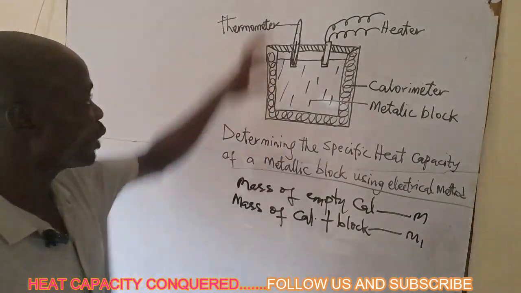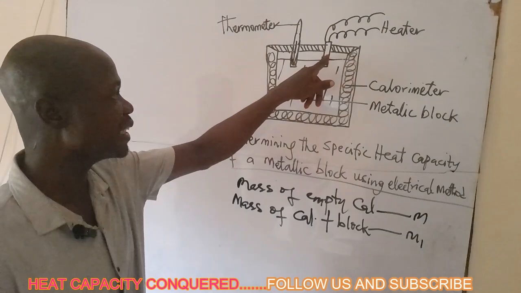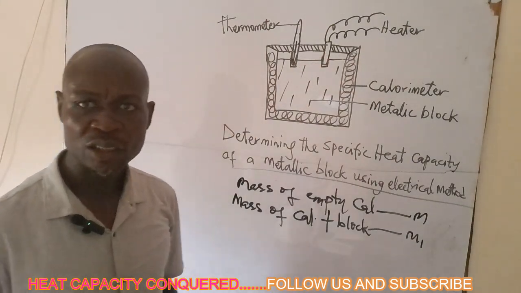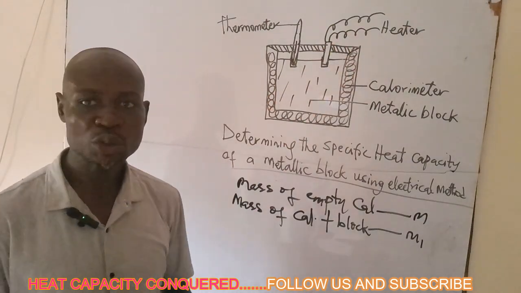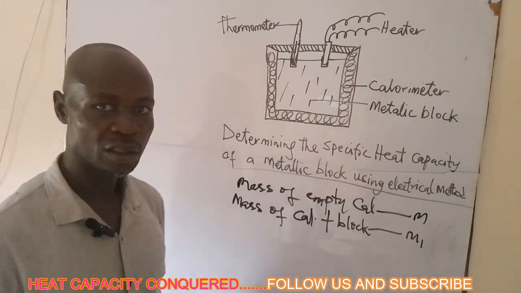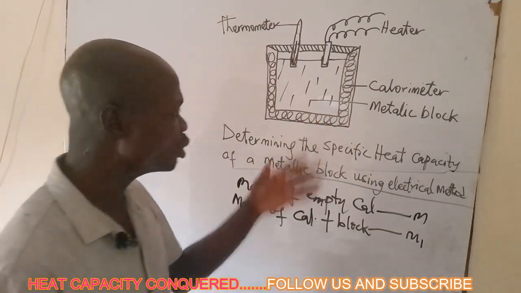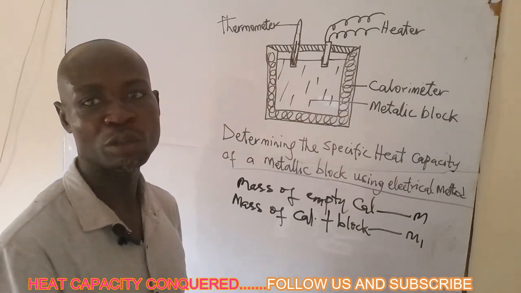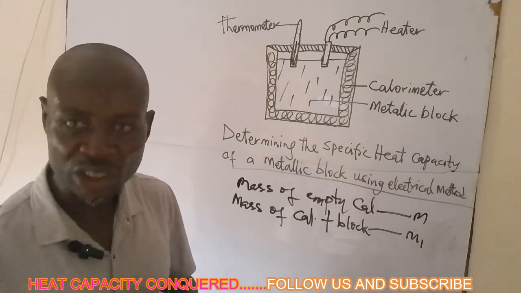Now, we have a thermometer here, and then we have a heater here. We switch on the heater so that the heater will supply electrical energy to the block. The heater will be supplying heat to the block, and the block will be receiving the heat.